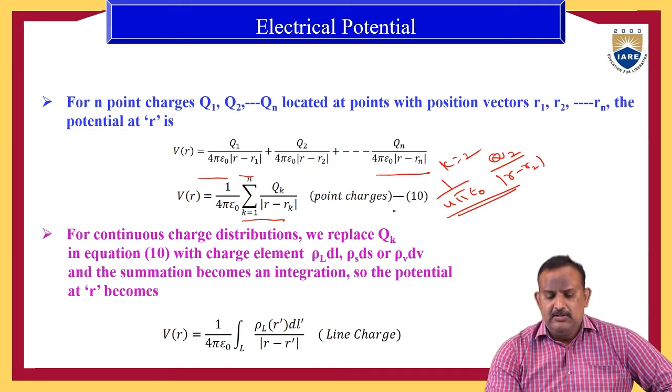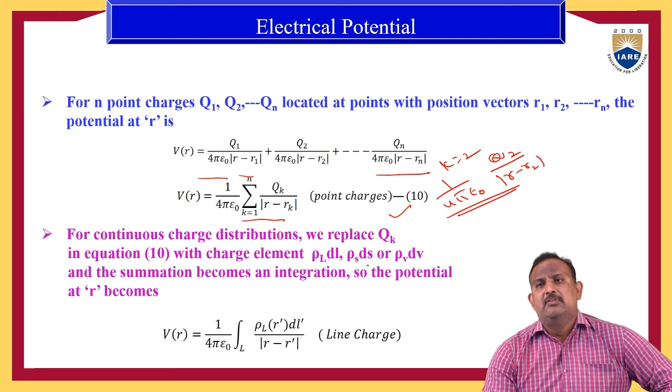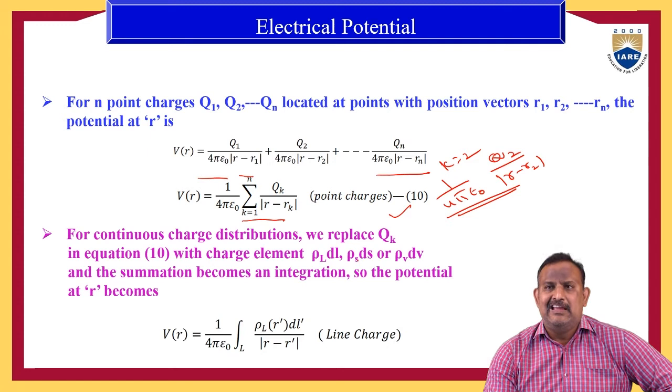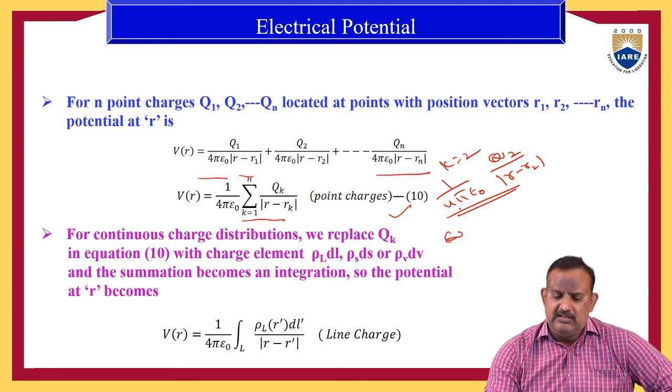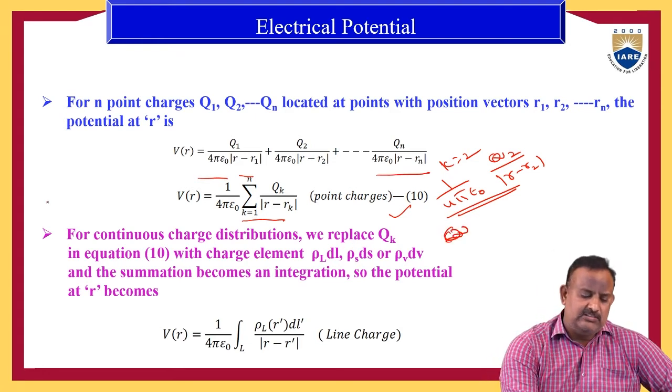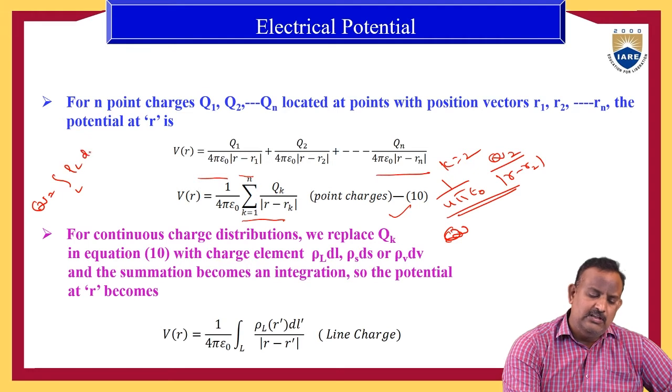Next, this was about the potential due to a point charge. Now we can find the potential due to continuous charge distributions like line charge, surface charge, and volume charge. Already we have defined the three charges. For line charge, Q is equal to the line integral of rho L into dl.